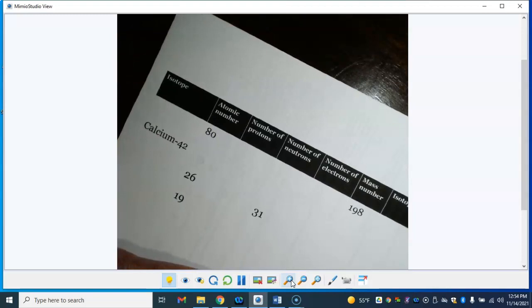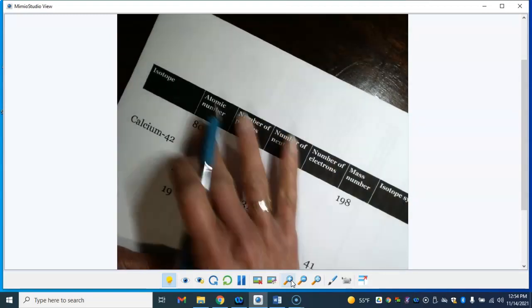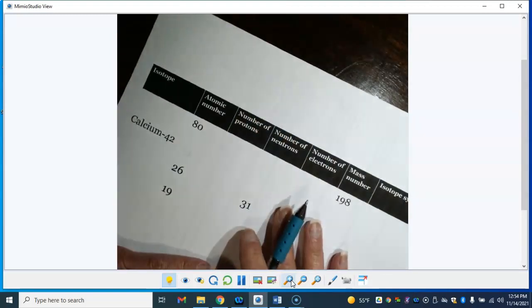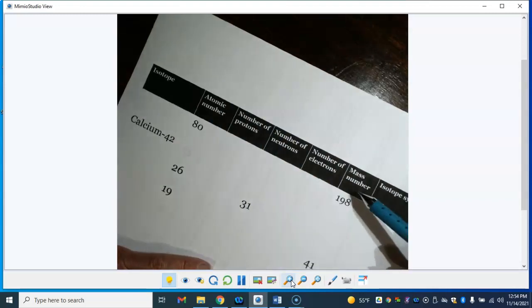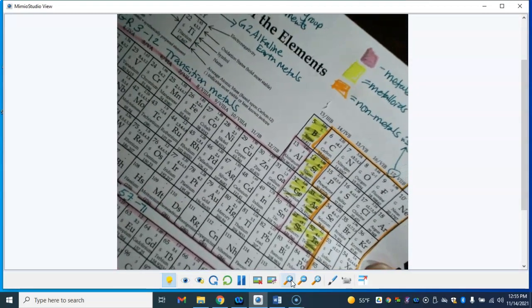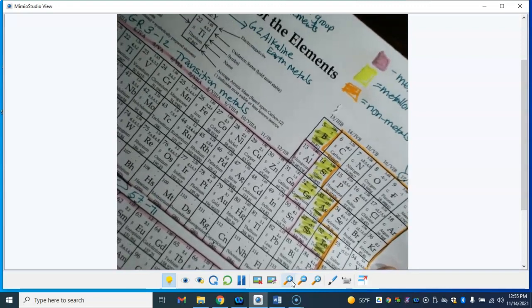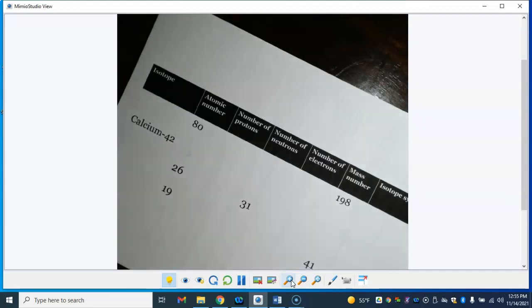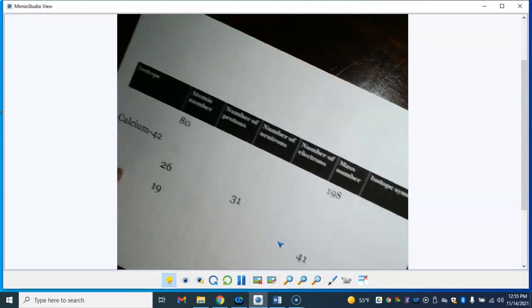The first thing on these assignments and this example: your mass number is either going to be given to you, or you will have to figure it out by adding the protons and the neutrons together. You're never going to go to the periodic table and round the atomic weight to the nearest whole number, not on these worksheets, because we're dealing with several isotopes of the same atom.